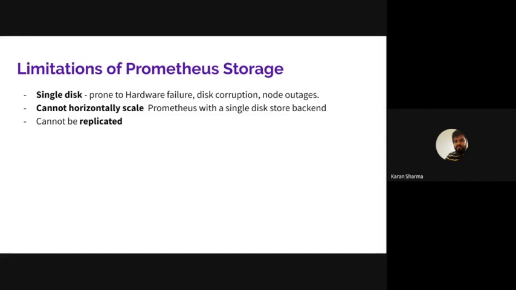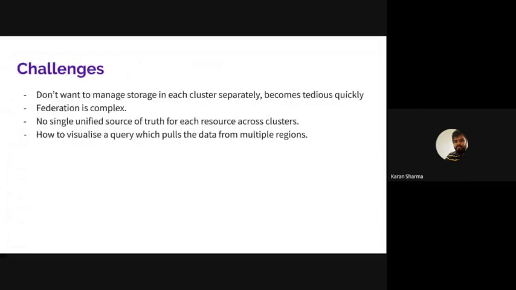And the third is you cannot replicate this data to have multiple replicas, because Prometheus is not designed in a way that it can have a master-slave kind of replication. So these were the challenges that we were faced with.